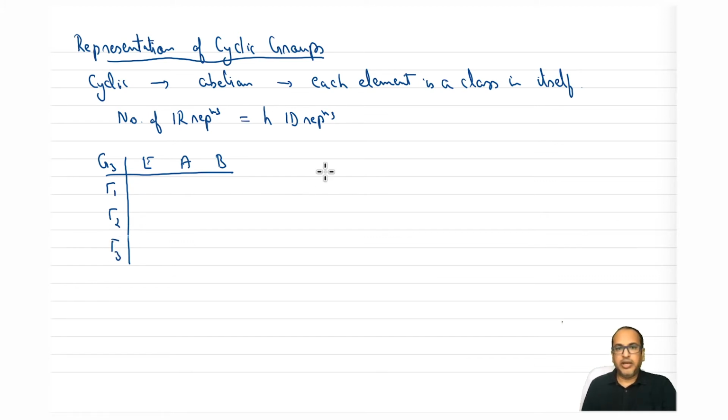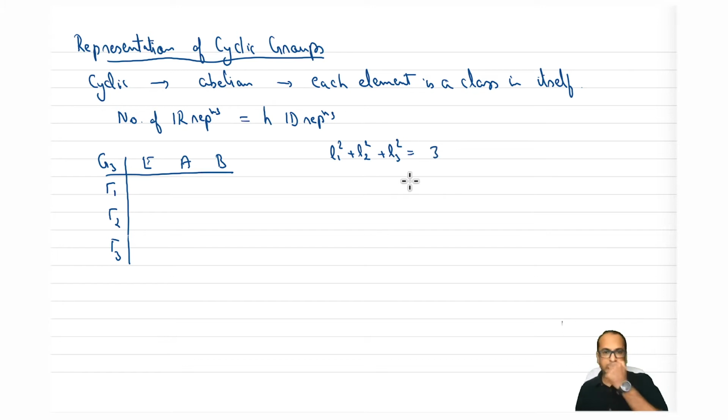So if there are 3 IRs, then l1 square plus l2 square plus l3 square should be equal to 3. And the only solution for positive values, because these are dimensions, is going to be 1, 1, 1. So I'm going to write 1, 1, 1 under the symmetry operation E, because that is the character and dimension of this representation, right?